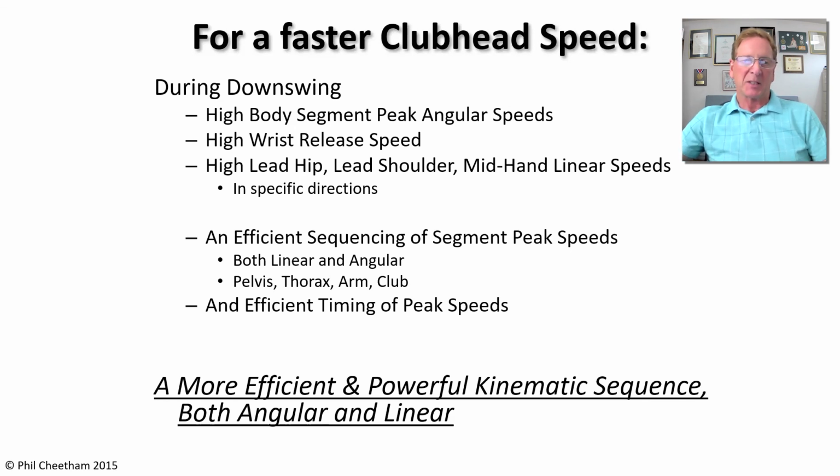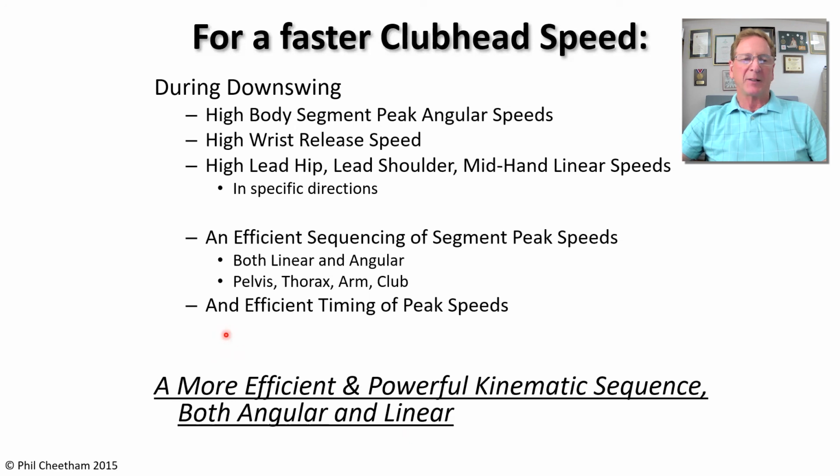And again, just in summary, an efficient kinematic sequence of both linear and angular, and the sequence of pelvis, thorax, arm, club peaking leads to an efficient kinematic sequence and a powerful kinematic sequence for both angular and linear.